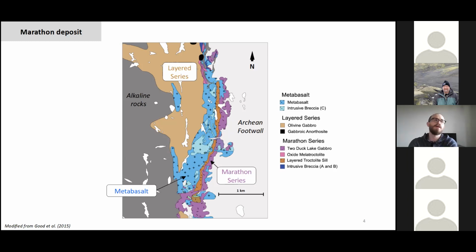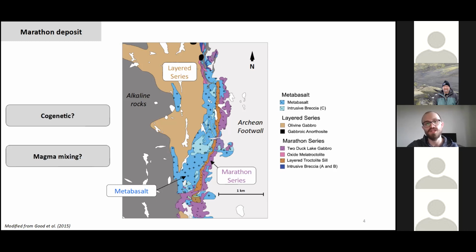One of the problems with this is that a lot of this interpretation was done using whole rock chemistry, which was problematic because many of these rocks represent cumulates, and so whole rock chemistry may not accurately reflect the composition of the melts from which they crystallized. So there was still some debate regarding the genetic relationship between these three rock series and the role that magma mixing played in their development.